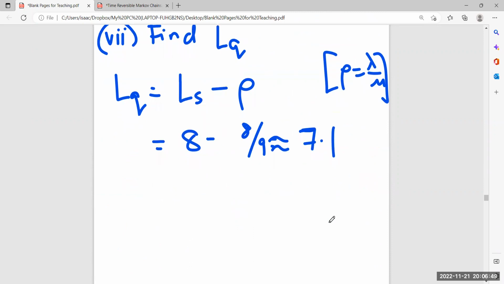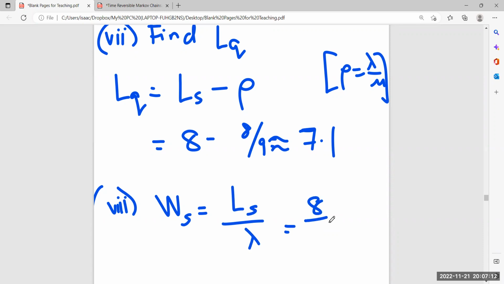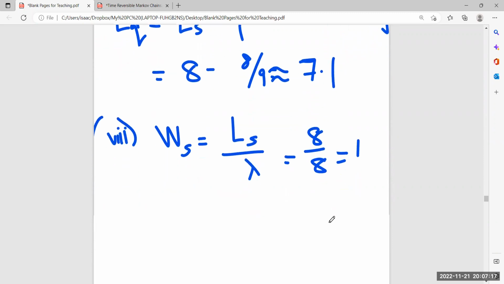The other ones that we needed to work out were the WS and the WQ, the waiting times. The expected waiting time that you will spend in the system is LS over lambda, from Little's equation. So this is 8 over 8, which is 1, so you expect to spend 1 hour.